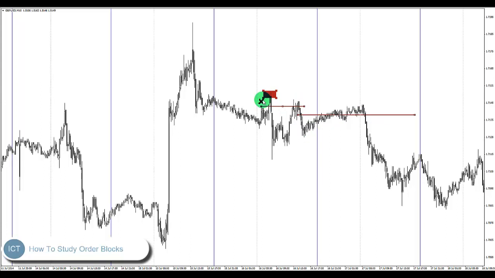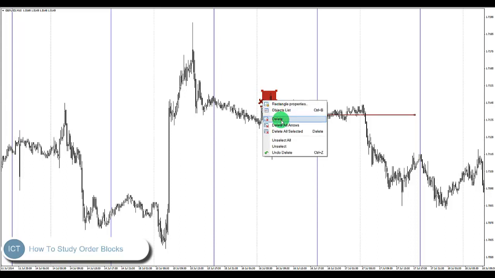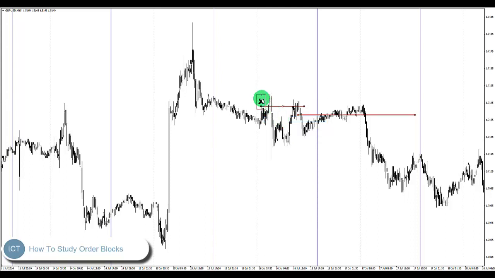We have an area of clean highs. You see that? See how clean that is? And price running above it.